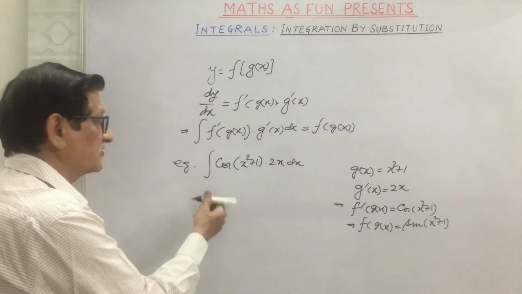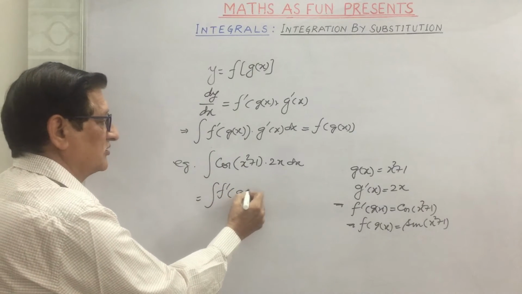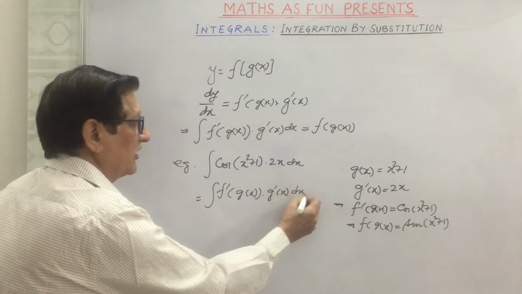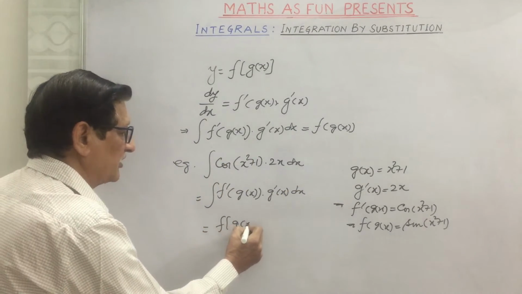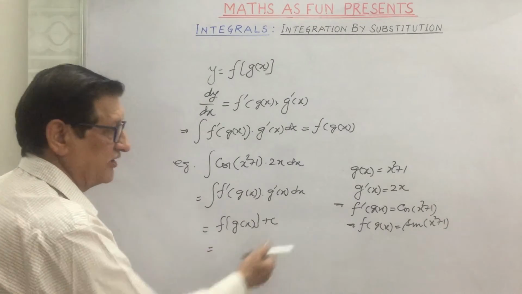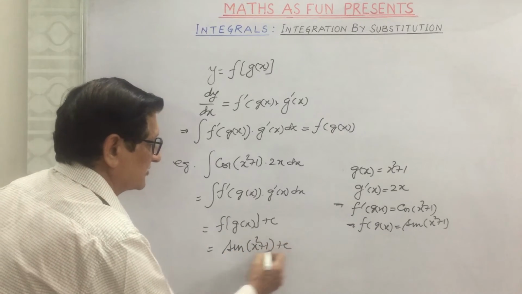And hence what we can say about this? This is again the same thing, f dash of g x into g dash x dx. So here we will find this is equal to f of g x plus c, and f of g x here is sine of x square plus 1 plus c.